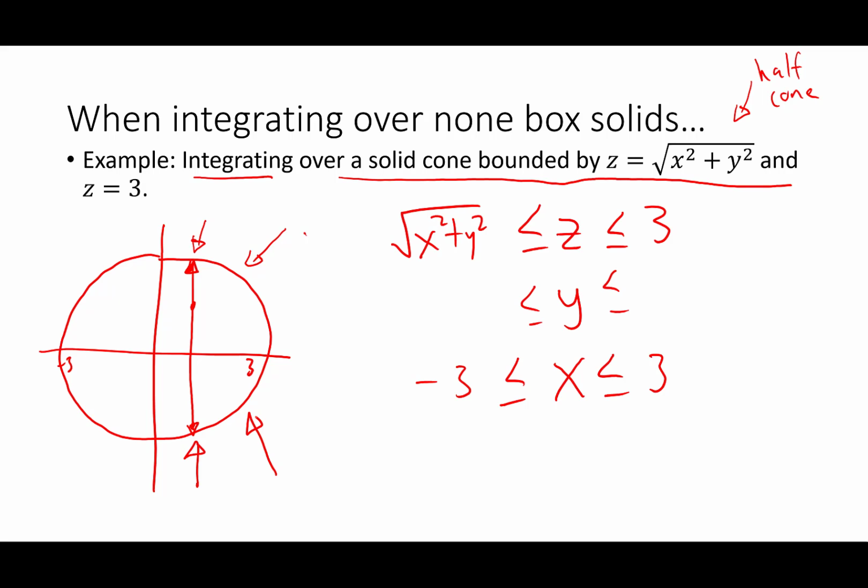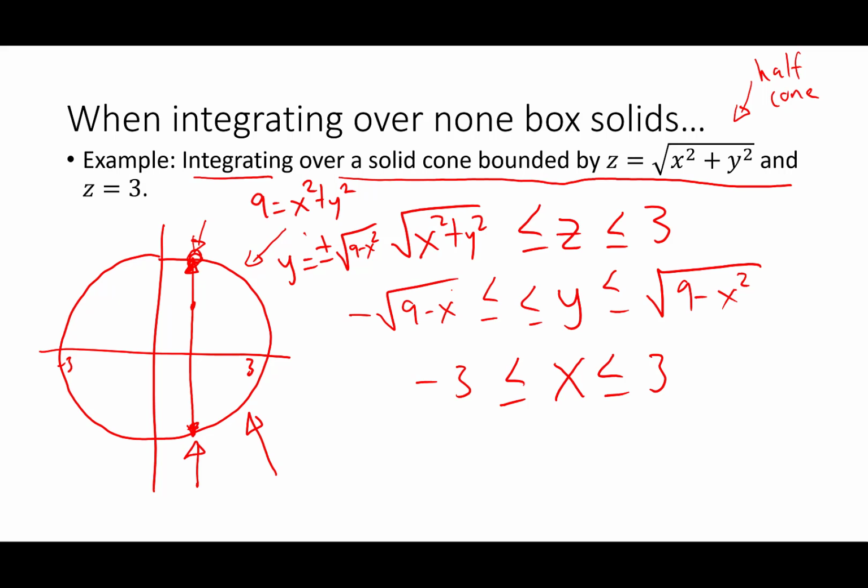Remember that the equation of the circle of radius 3 is given by 9 equals x squared plus y squared. If we solve for y, we get that y is equal to plus or minus the square root of 9 minus x squared.